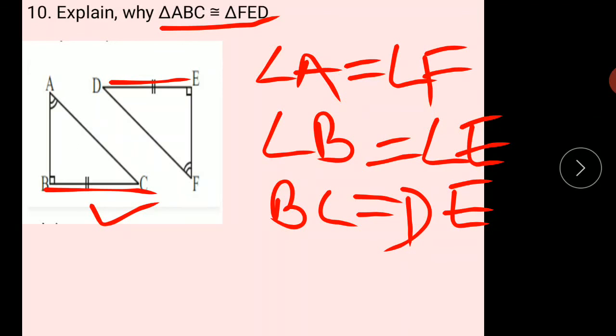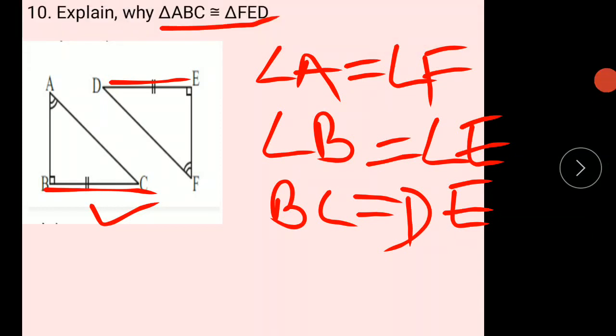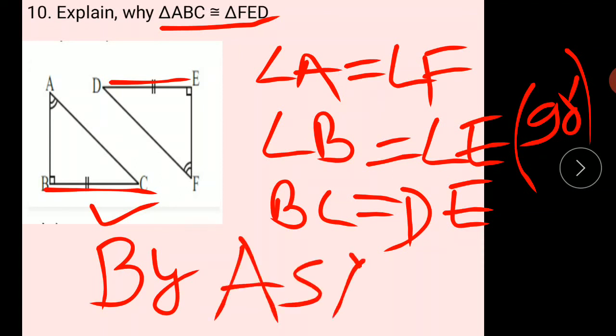Now angle A is equal to angle F, so it is given. Angle B is equal to angle E is also given because they are 90 degrees, right? So now why are they congruent? By which congruent rule? By ASA rule. For the previous question also, now I have given you a hint.